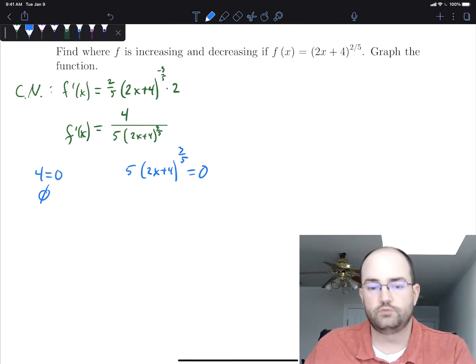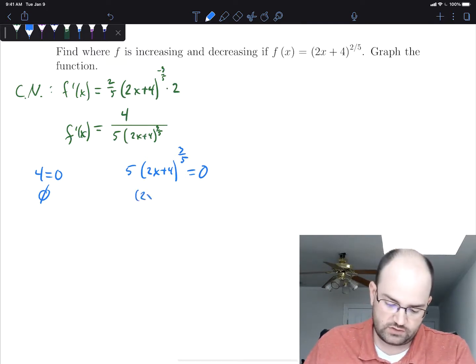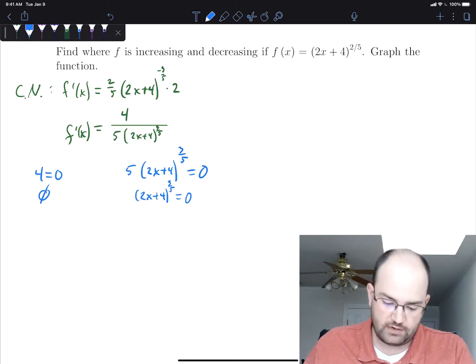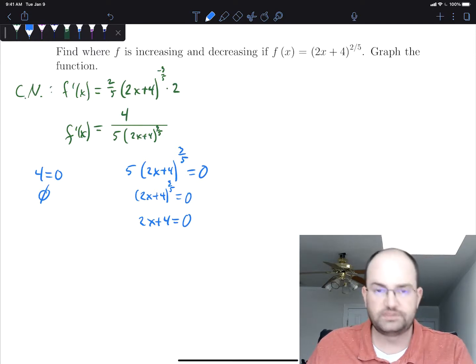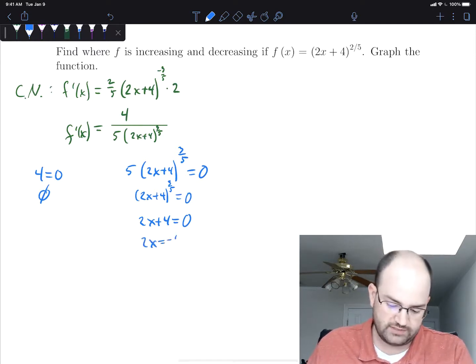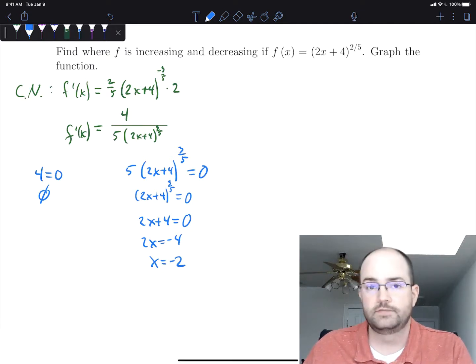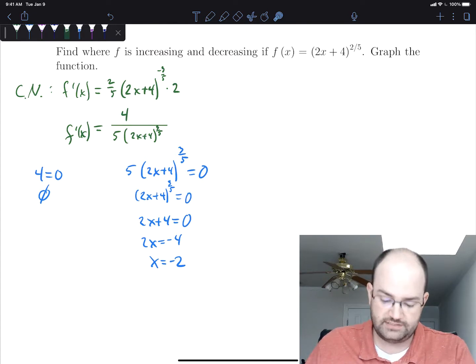The second one, though, we divide by 5, so we get (2x plus 4) to the 3/5 power equal to 0. I can take both sides to the 5/3 power, and that gives me 2x plus 4 is equal to 0, which means subtract 4, 2x equals negative 4, and divide by 2, so x equals negative 2. So we have a critical number, x equals negative 2, if it's part of the domain of the original.